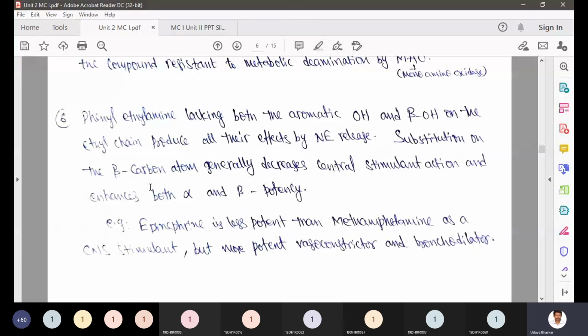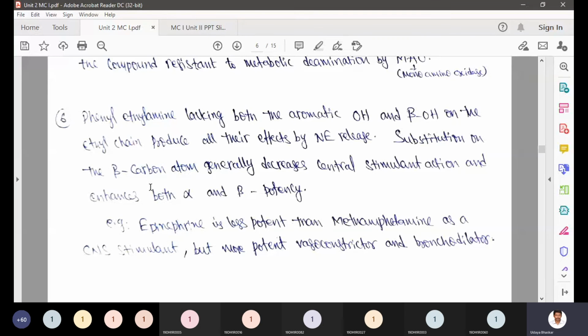So phenylethylamines lacking both the aromatic OH and beta OH on the ethyl chain produce all their effects by norepinephrine release. So in order to release noradrenaline and show the action, they generally lack aromatic hydroxyl and beta hydroxyl. Okay.